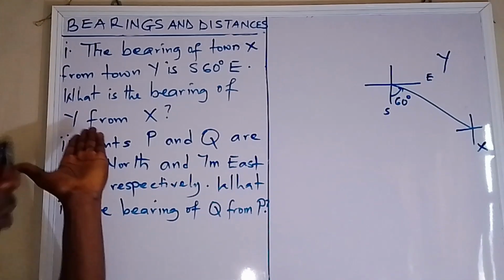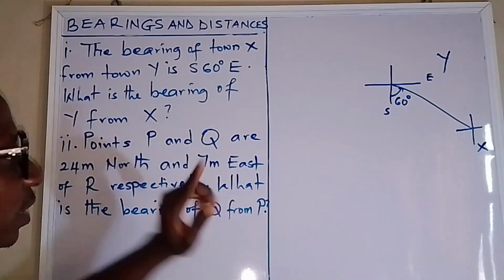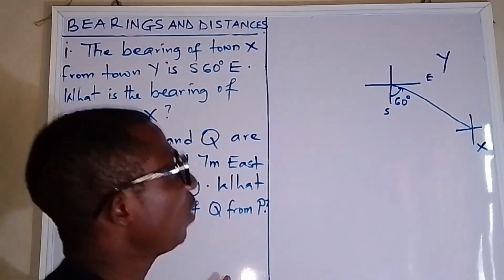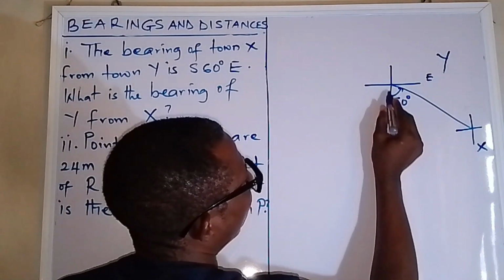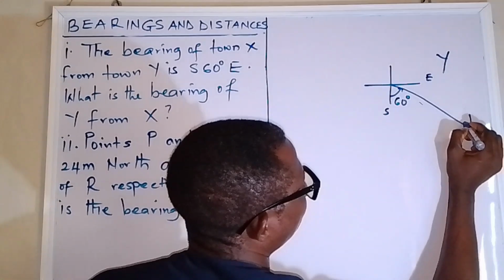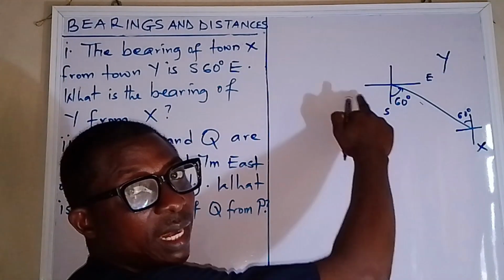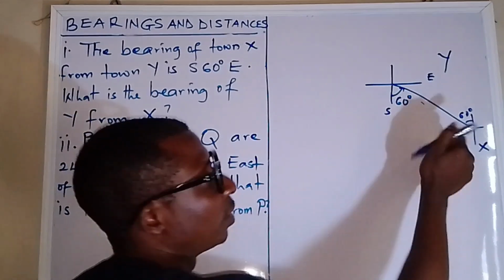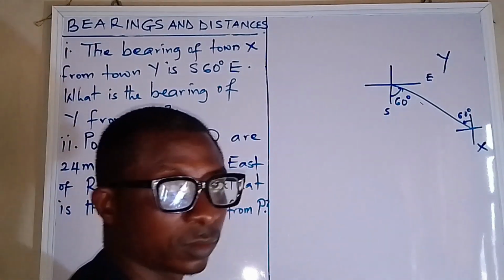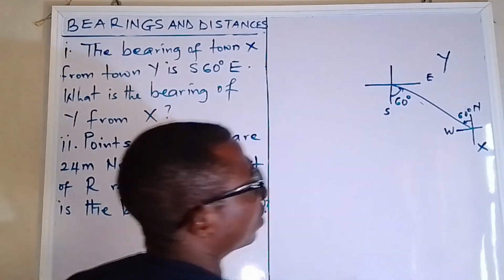Now let's look at what the question wants us to do. What is the bearing of Y from X? From X, so I will go to X and take the bearing. When you look at this, the angle here is alternate to this angle, so this is 60 degrees, which happens to be the bearing of Y from X. So from the north pole down to the line connecting the two, this is north and this is west.